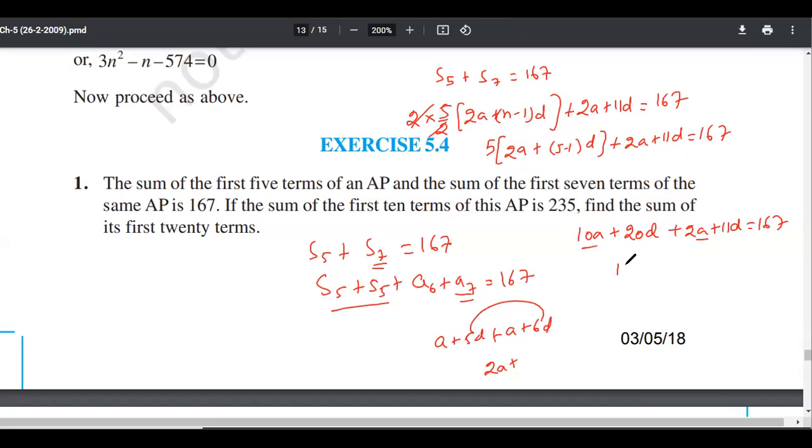Then you add these two, you will get 12a plus 31d is equal to 167. This is your first equation. Got it? Yes, sir.